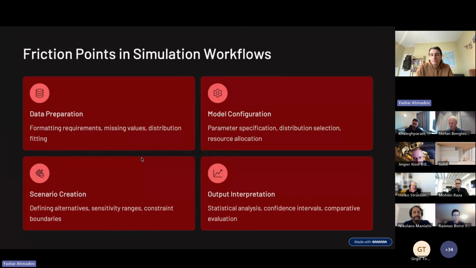Output interpretation. We boast that simulation is very visual friendly. I love that aspect of simulation. If the problem is not huge, you can make a visualization of your network, of your warehouse, of your process. You can show it to the decision maker. Hey, this is the outcome of the decision that you make.